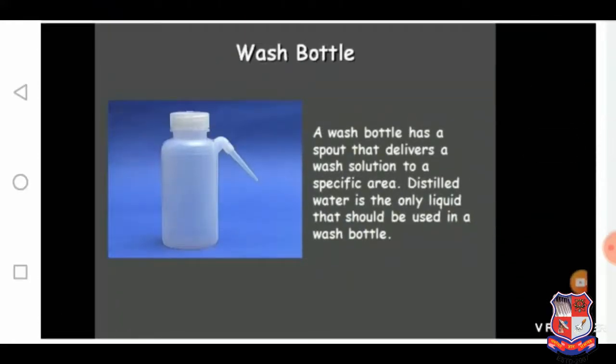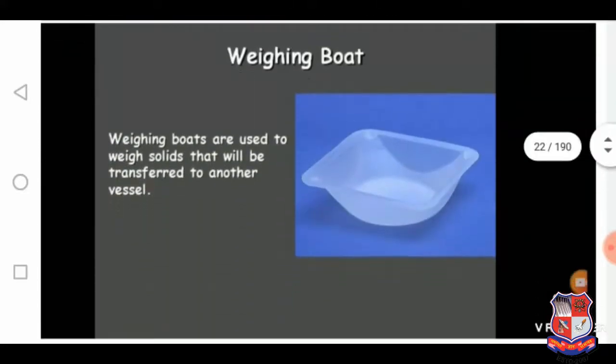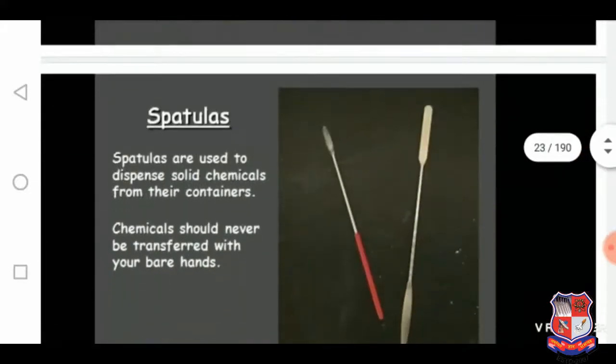Wash bottles. A wash bottle has a spout that delivers a wash solution to a specific area. Distilled water is the only liquid that should be used in the wash bottle. Weighing boards are used to weigh solids that will be transferred to another vessel.